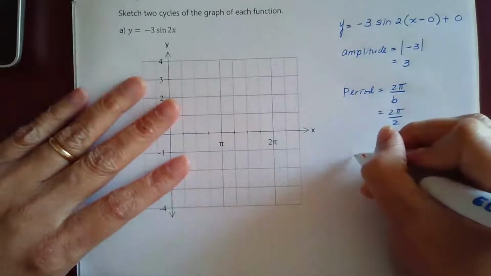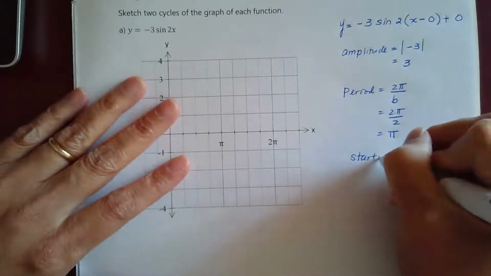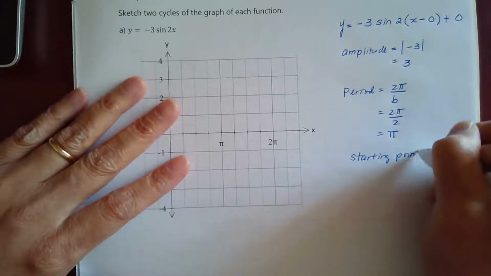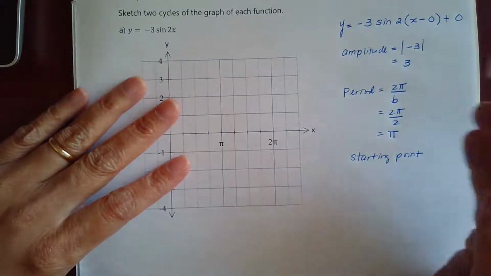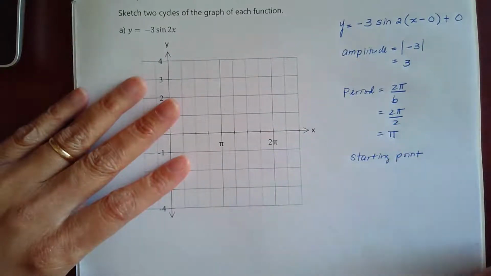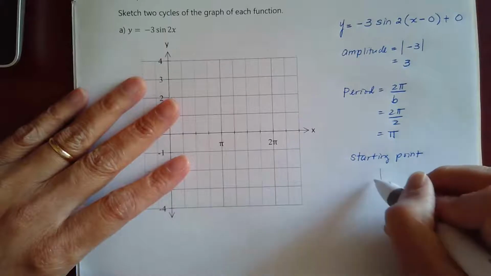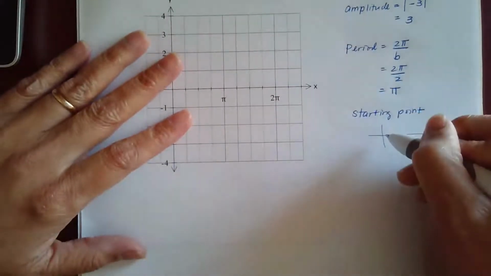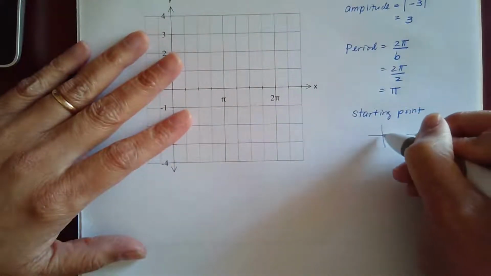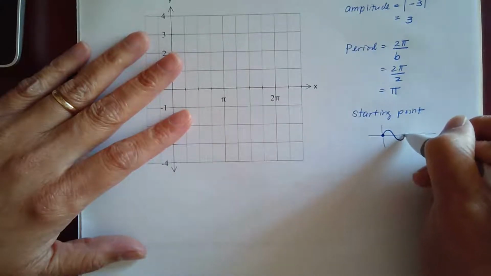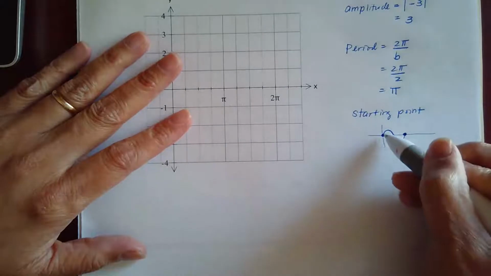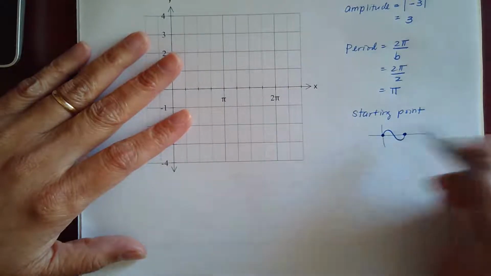Starting point. Because we're talking about the sine function, in the sine function it starts at 0, 0, and then we go like that. So this is our starting point at 0, 0.